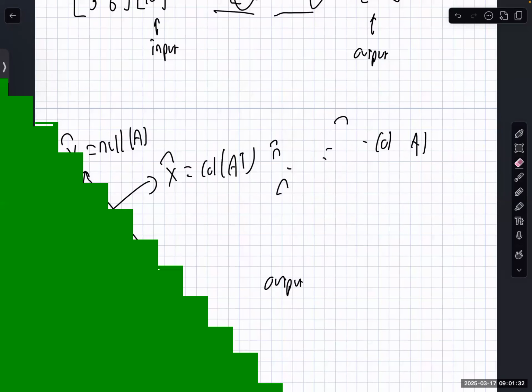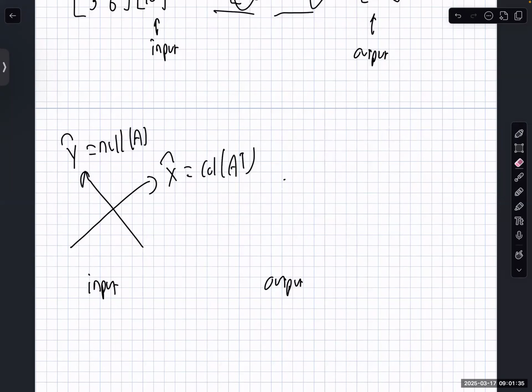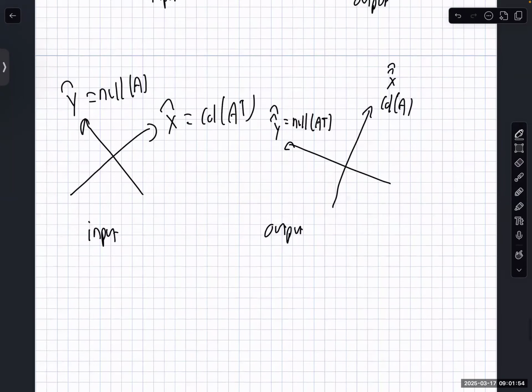Let me organize this a little bit nicer. Okay, and then we're going to want to find the matrix representation of the transformation if we write inputs and outputs relative to these bases.